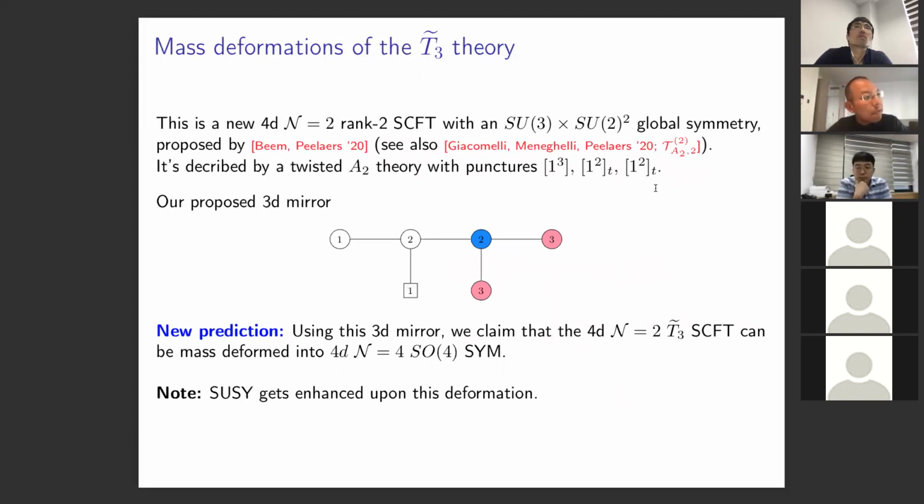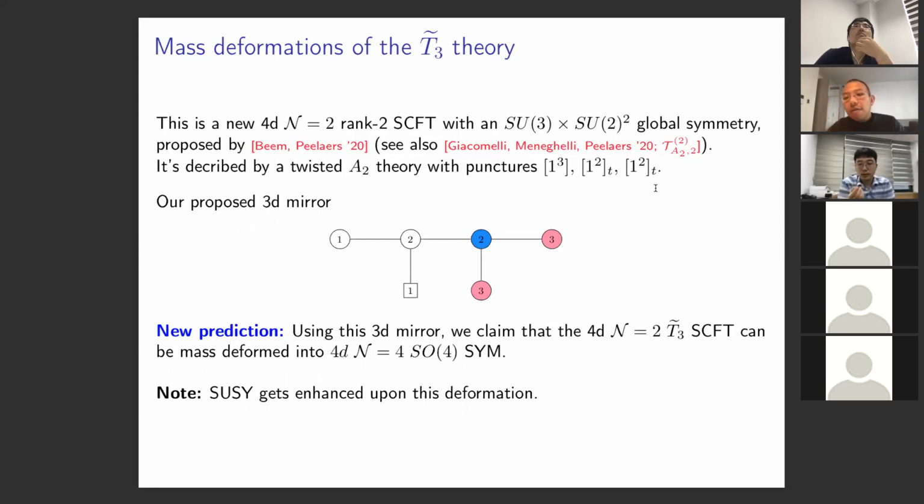For some simple cases, the mass deformation typically triggers some kind of merger of punctures, so that your regular singularity becomes an irregular singularity. So typically you form an irregular puncture because, for a conformal theory, if you turn on mass, that will render the theory non-conformal, right?